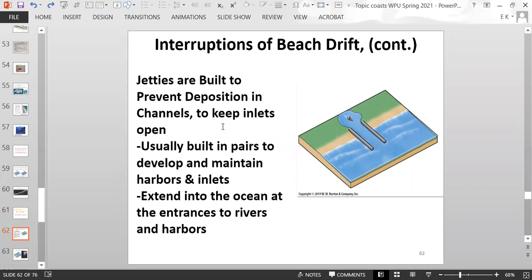They're usually built in pairs. And again, let's say whichever direction longshore transport is in this diagram, let's say it's going this way. The sand is going to build up here and keep this inlet open. So then boats back here are going to be able to still use this channel or this inlet.